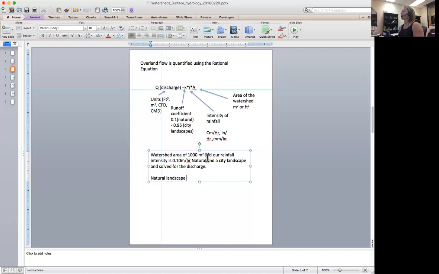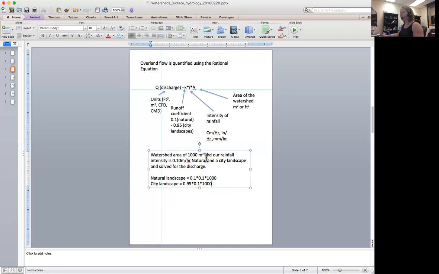we will get a value of 0.1 times 0.1 times 1,000. And if we are in our city landscape, in this instance, we'll have 0.95 times 0.1 times 1,000, right?